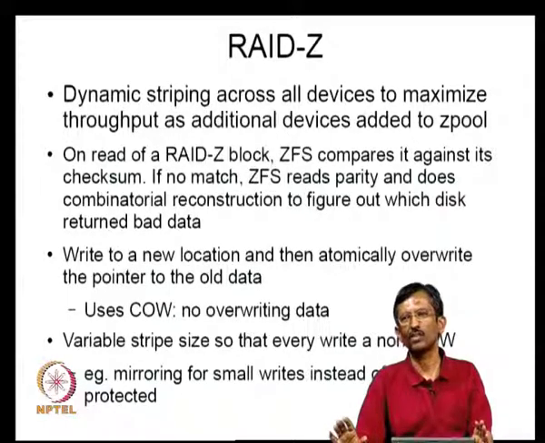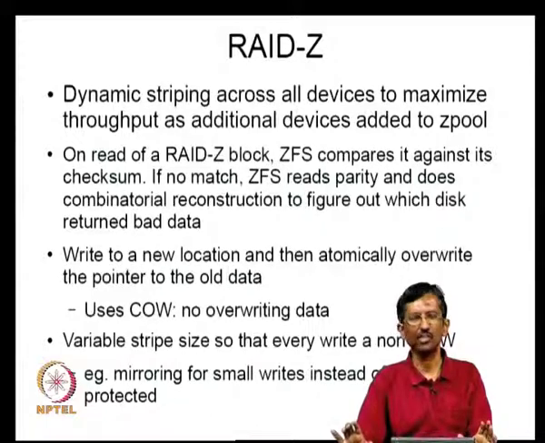So what these guys decided is, since we have file system information, if somebody writes 64 kilobytes, well, we'll call it mirroring. If it is 128 kilobytes, it will be, let us say, a RAID with 3 disks plus 1 parity. Okay, that means whatever size write you write, you make it a corresponding RAID.